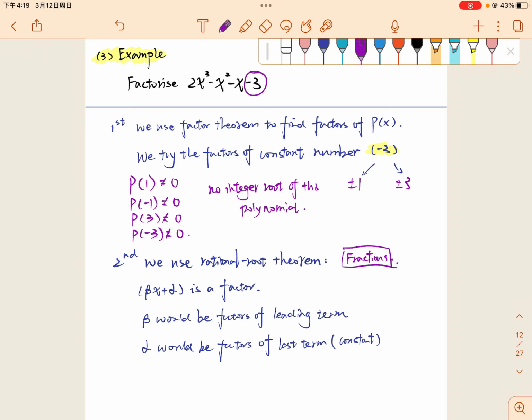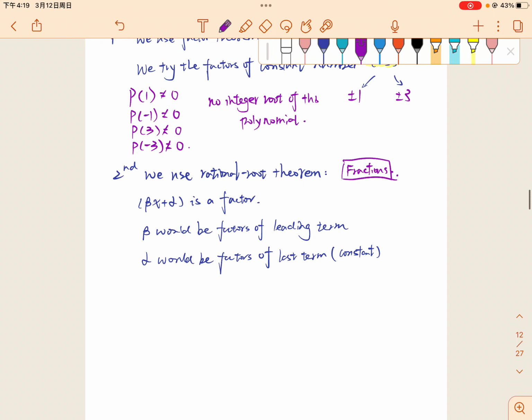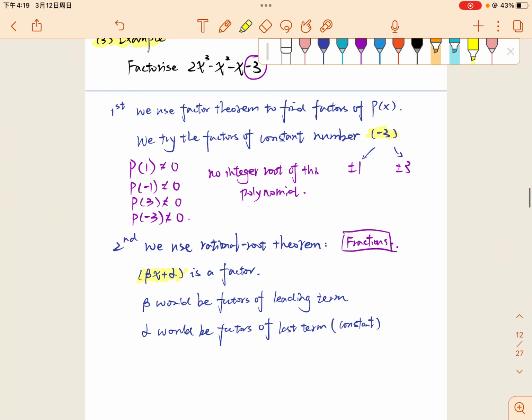So now we use fractions. And where do we get the fractions from? We're using our beta x plus alpha. If beta x plus alpha is a factor, beta would be a factor of the leading term. Our leading term here is 2.